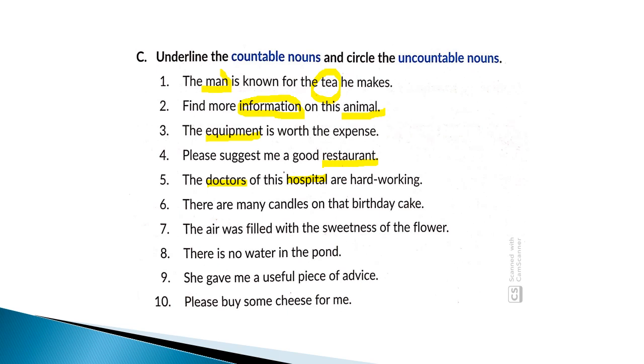Restaurant, countable. The doctors of this hospital are hard working. Doctors, countable. Hospital, countable. In the same way, for the rest of the 5 sentences, you find out where the noun is and which is countable, you will underline it, and which is uncountable, you shall circle it in the book itself.